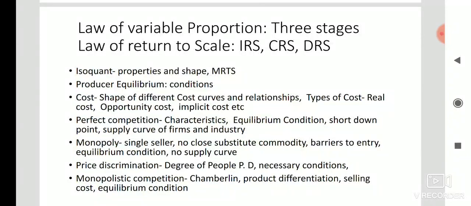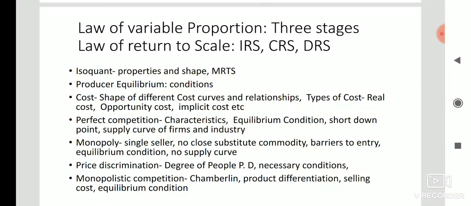In case of perfect competition, the individual firm is a price taker, and the demand curve is perfectly elastic or infinitely elastic. These two are important questions.